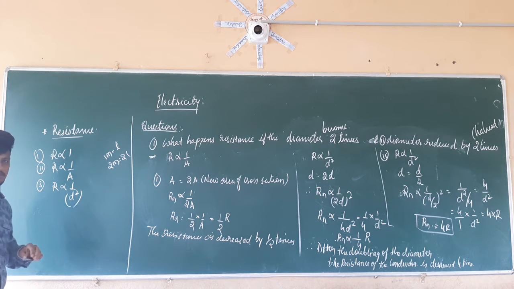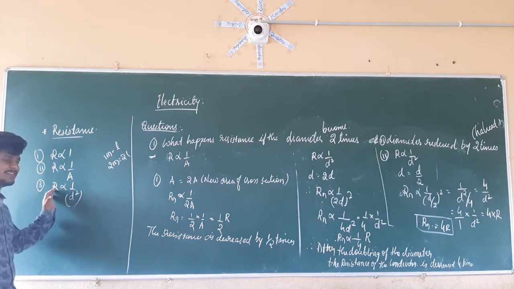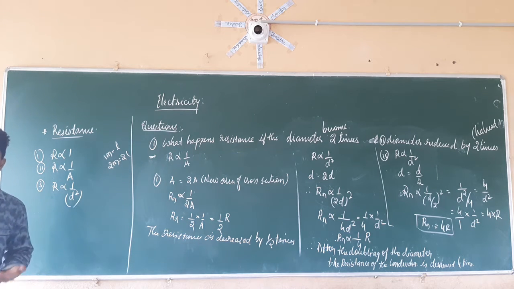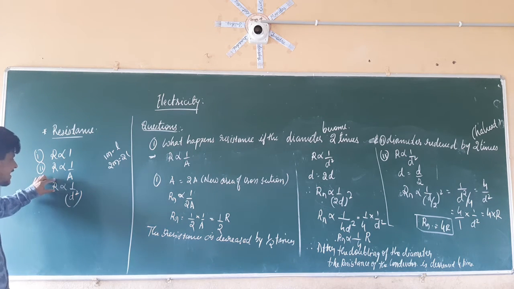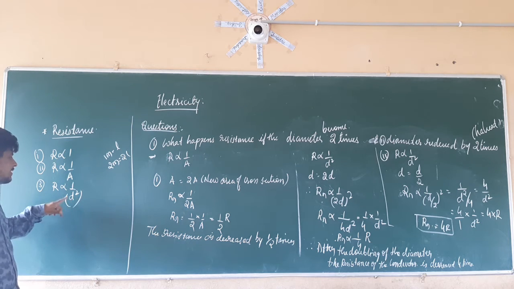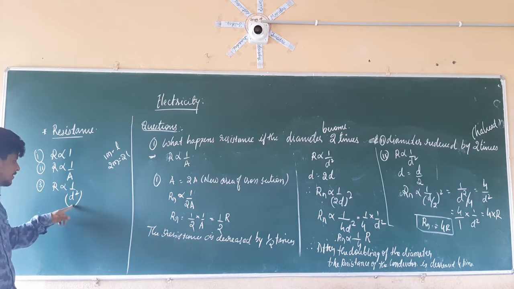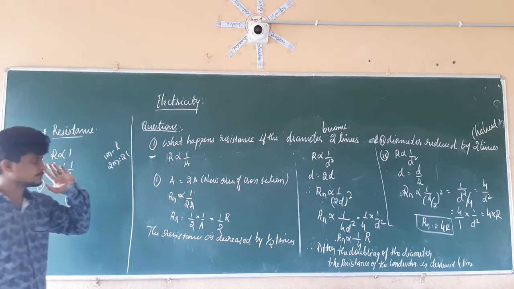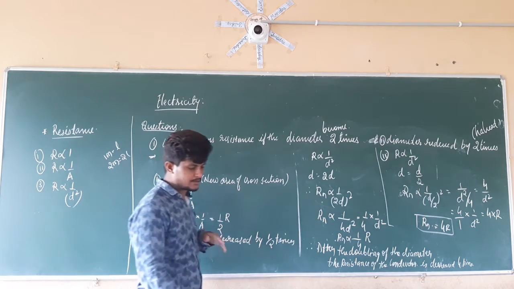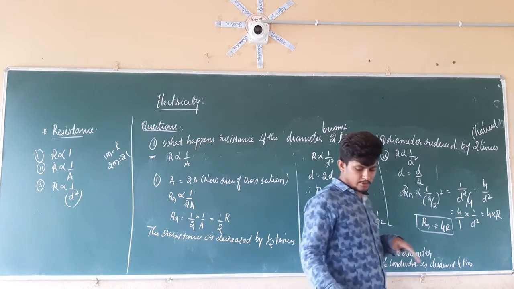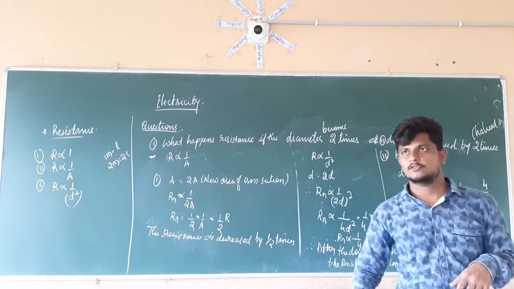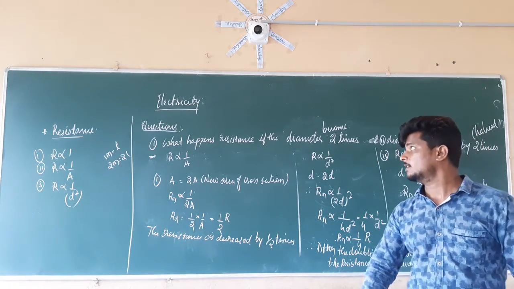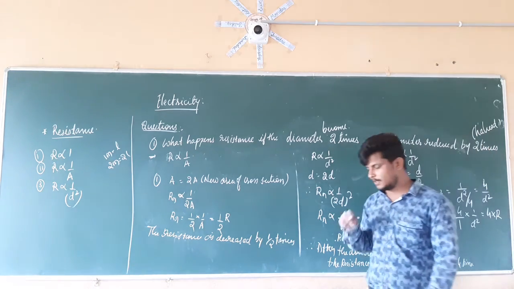At the same time, if the diameter of the conductor is getting halved, the resistance of the conductor is getting increased by 4 times. So it is inversely proportional to the square of the diameter. I hope this is clear. So this is all about the factors having an effect on the resistance of the conductor.